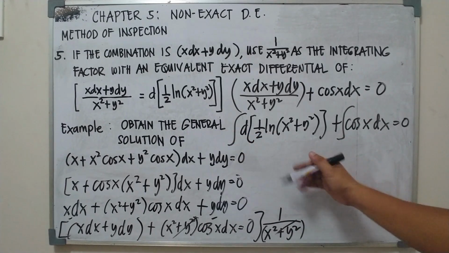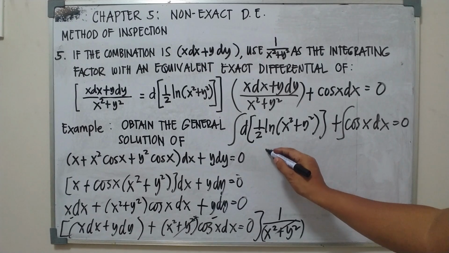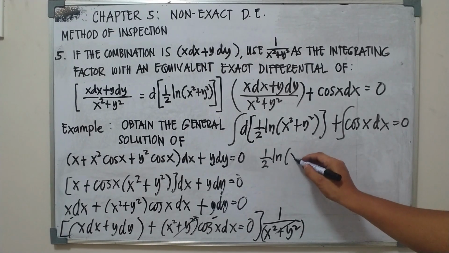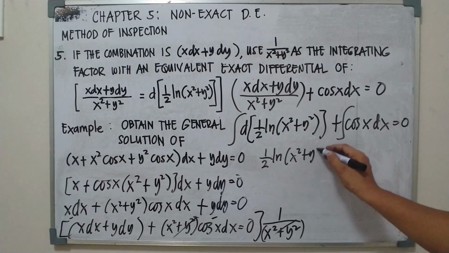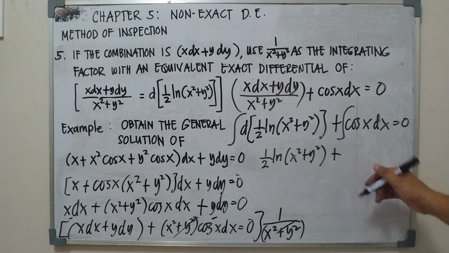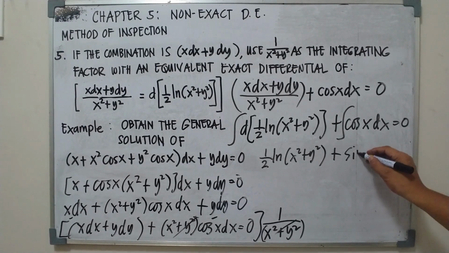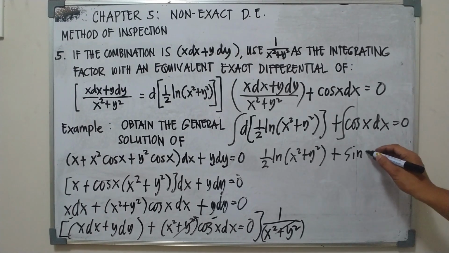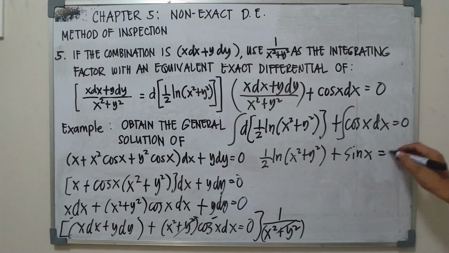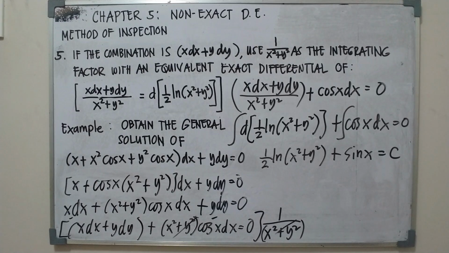Ito ang value ng integral mo. So, this is 1 over 2 ln of x squared plus y squared. Then, plus. Integral of cosine is positive sine of x. And this is equals to c. Yan.